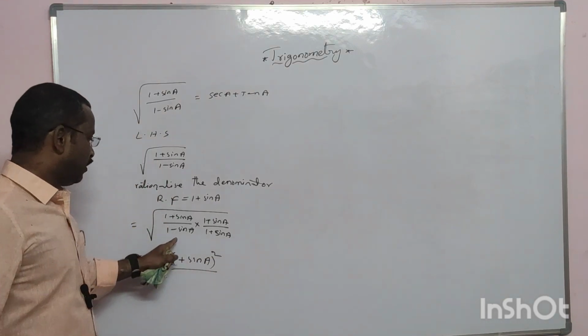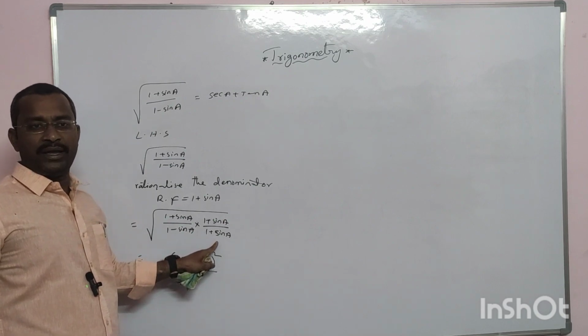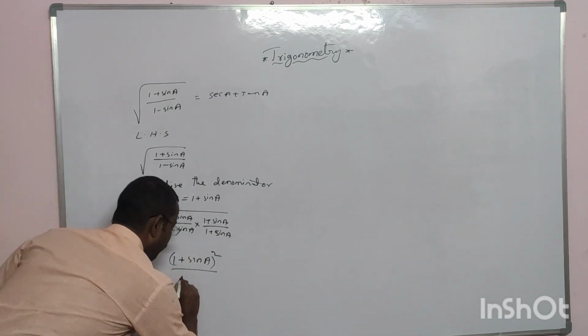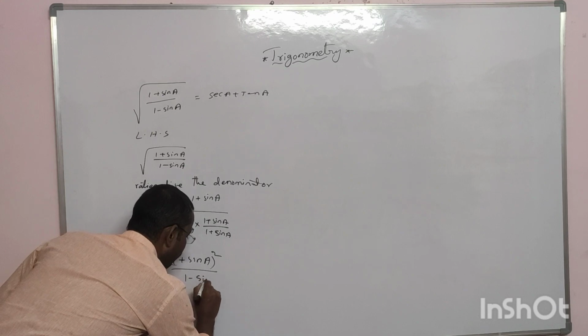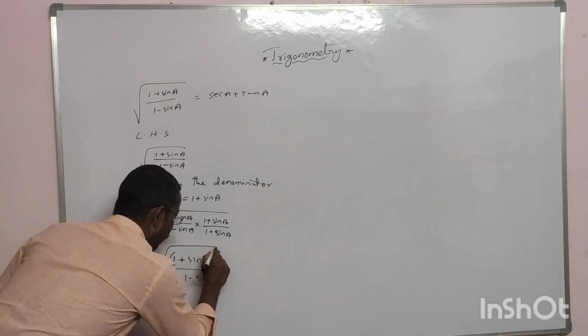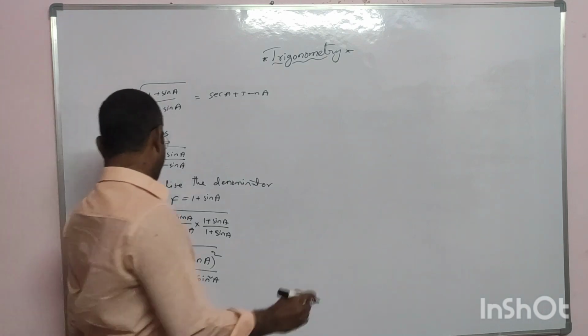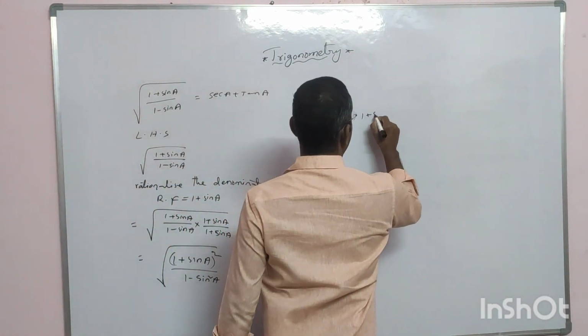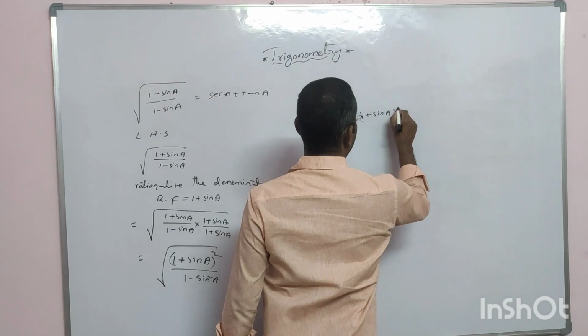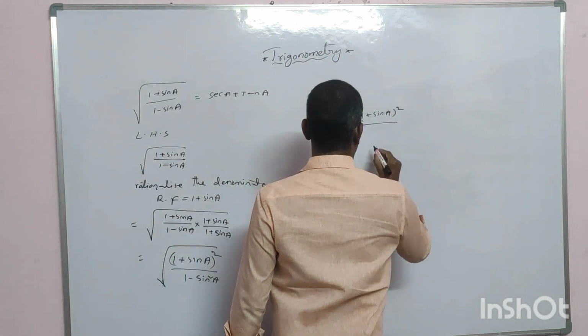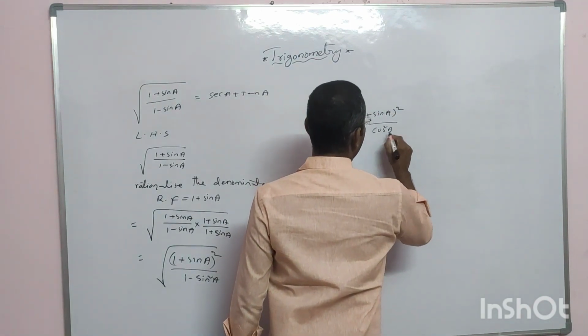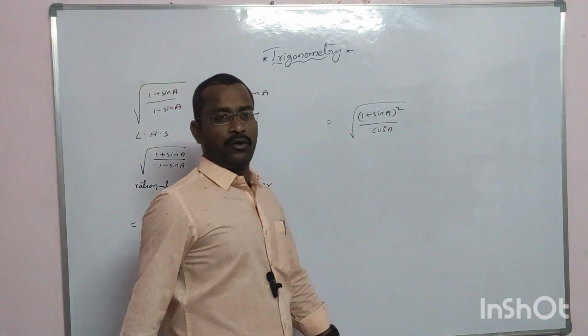In the denominator, a plus b into a minus b is a square minus b square. So what shall I write? 1 minus sin square A, under root. Here 1 plus sin A whole square remains the same, and 1 minus sin square A means cos square A, under root.